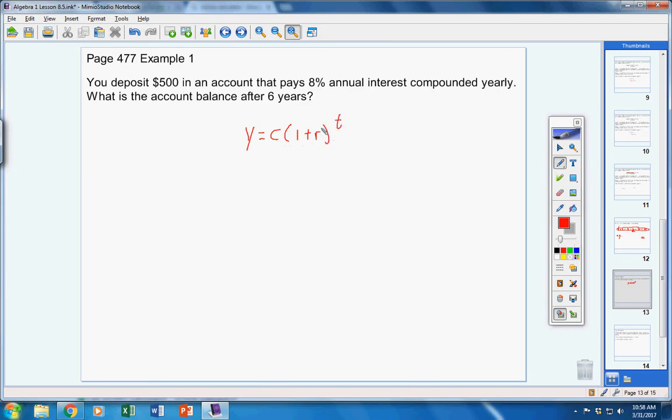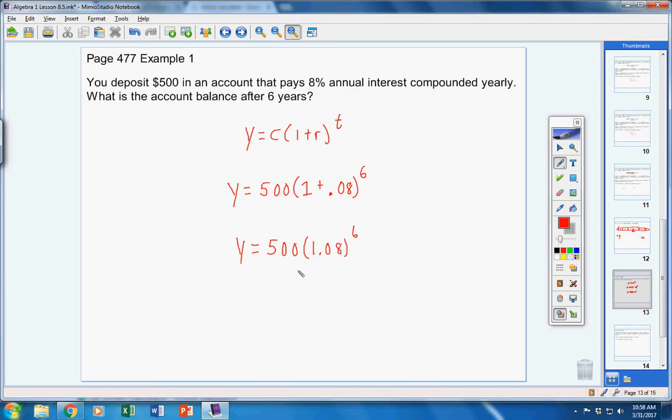So here we go. Y is my ending amount. Okay? So that's what I'm looking for. C is my beginning amount, 500. 1 is 1. My rate is 0.08. Okay? T is time. What's my time? 6. So now I have 500 times 1 plus 0.08, 1.08 to the 6th power.